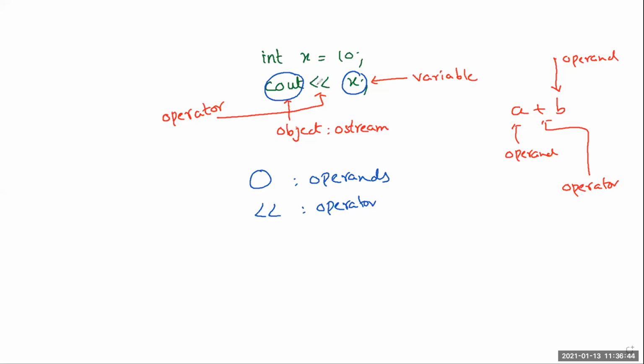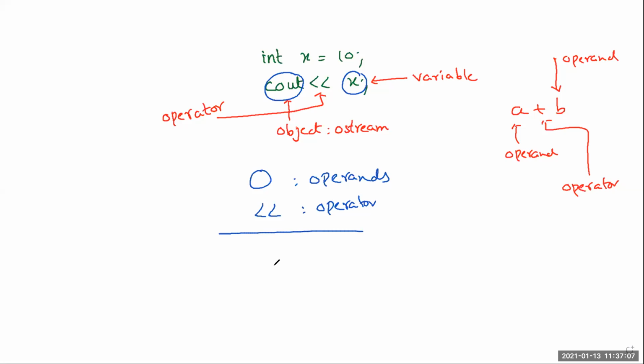Okay, so this is an operator. On the left side, you have an object, which is a variable, right? Object cout is an object of which class? ostream. And on the right side, you have an integer. In place of integer, of course, you are also allowed to have float or character or any other basic data type. So now you see, this is already a legal statement, cout x, where x is an integer.